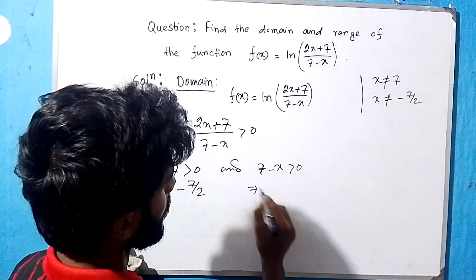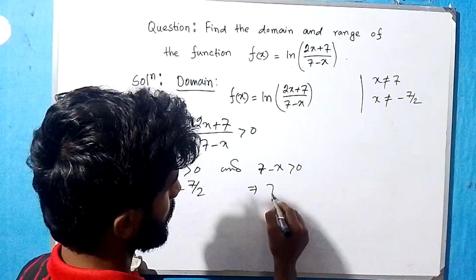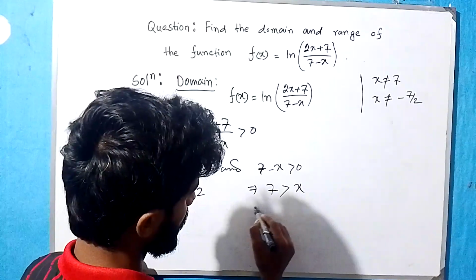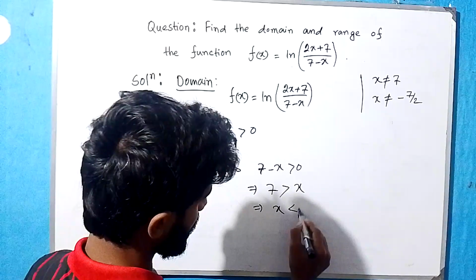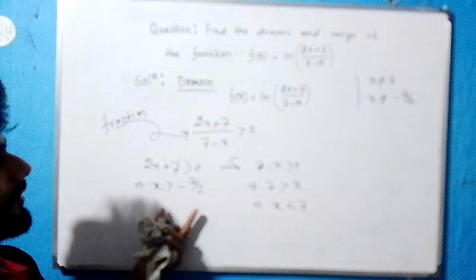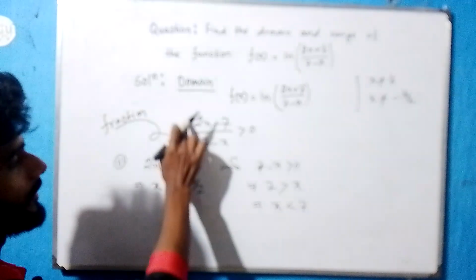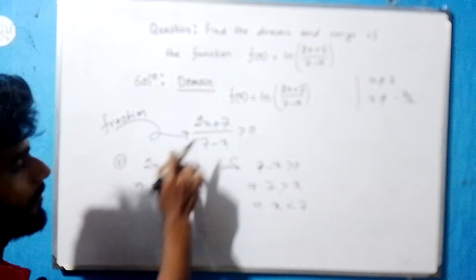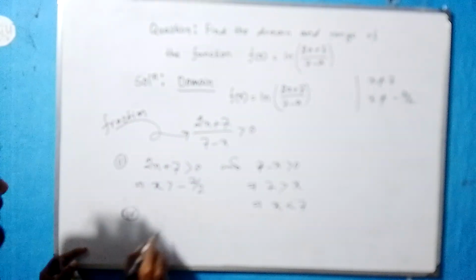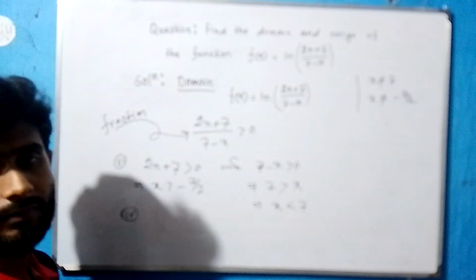And this 7 minus x greater than 0 gives us 7 is greater than x, and x is less than 7, right? Okay, and also, this is my third observation, and this can be positive when both the numerator and the denominator are negative, right?